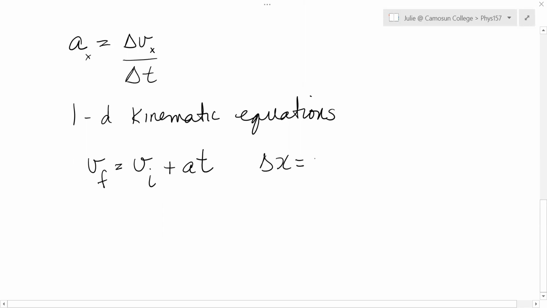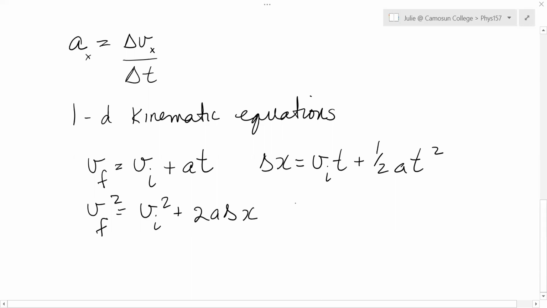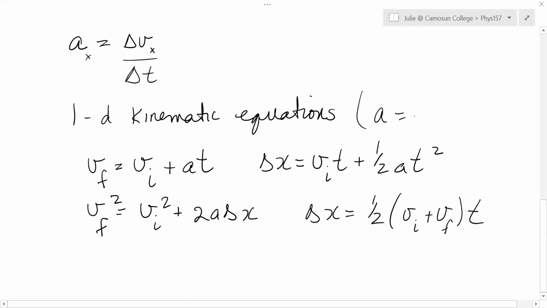Delta x is vi t plus 1/2 a t squared. Those are probably the most common ones. And then you have vf squared is vi squared plus 2a delta x. And delta x is half (vi plus vf) times t. And remember that these equations only apply when the acceleration is constant.